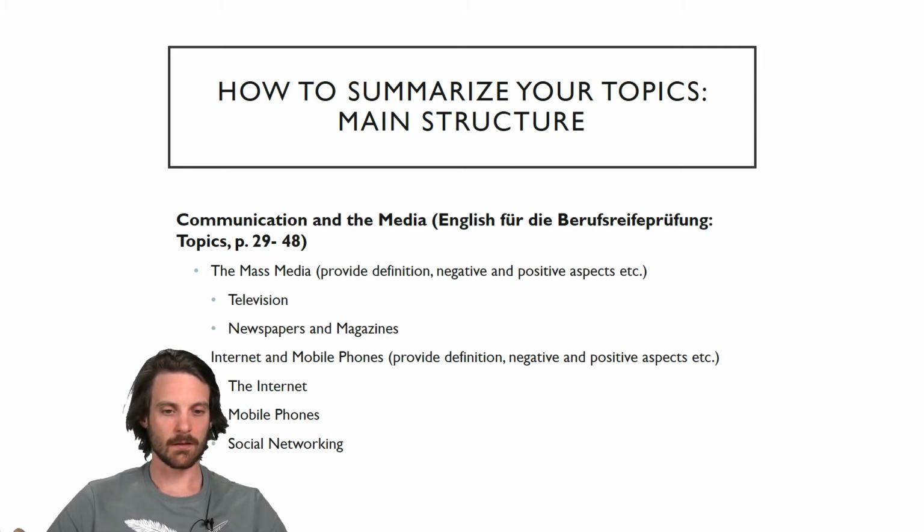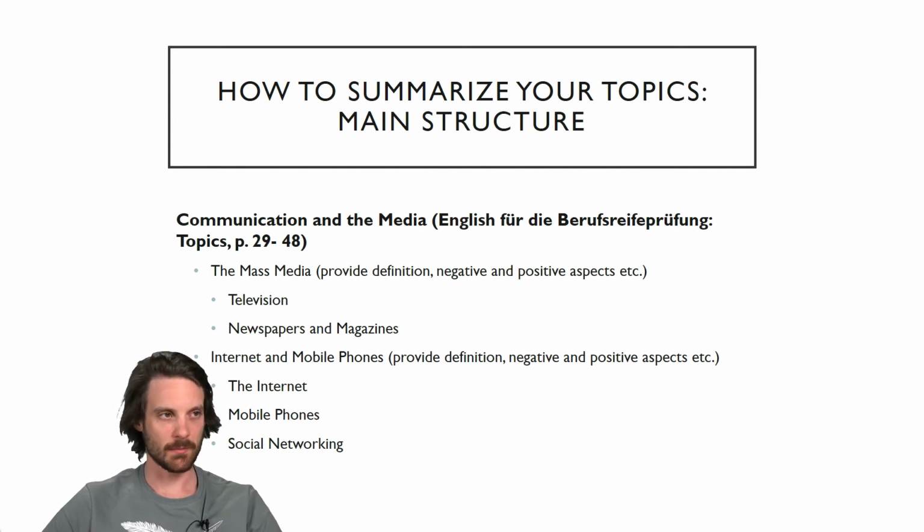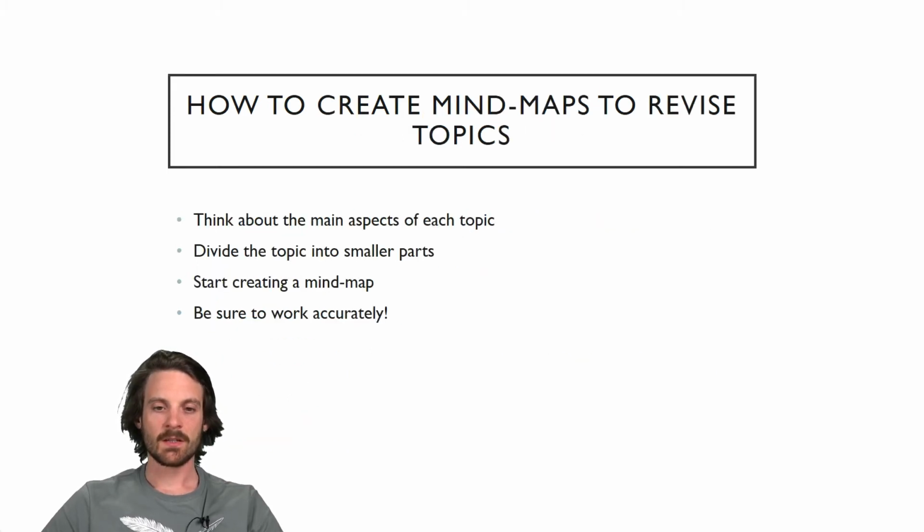There's the topic the mass media, subtopic television, newspapers and magazines. Then there is a bigger topic, internet and mobile phones, followed by internet, mobile phones, social networking, and so on.